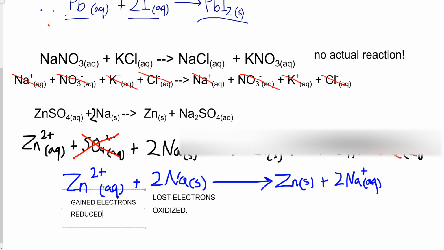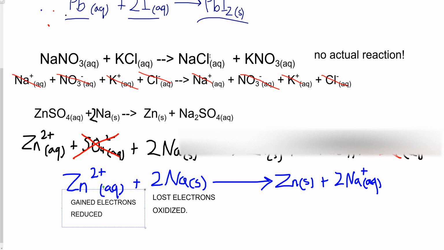And zinc 2 plus is an electron receiver or recipient. This is just a little bit of a heads up for when you guys talk about redox, oxidation reduction reactions, which you will see in Chem 30. So what's really going on is a transfer of electrons.